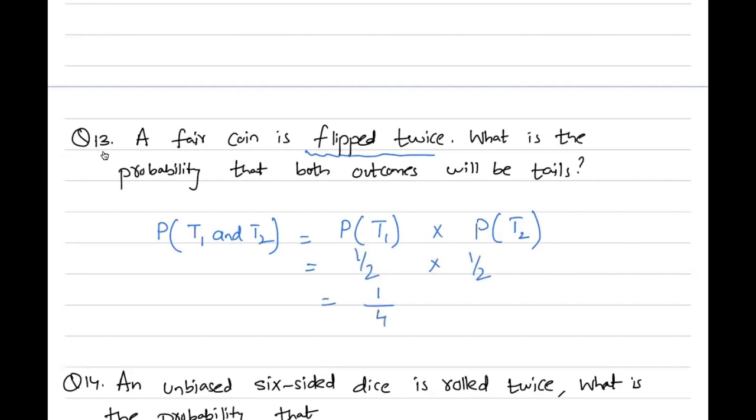Now, can anyone logically explain why the probability of both events happening is less than this event? I mean, if I was just using one coin, then the probability of getting a tail was 50%.